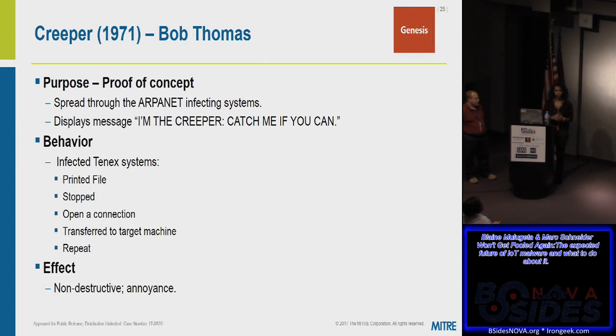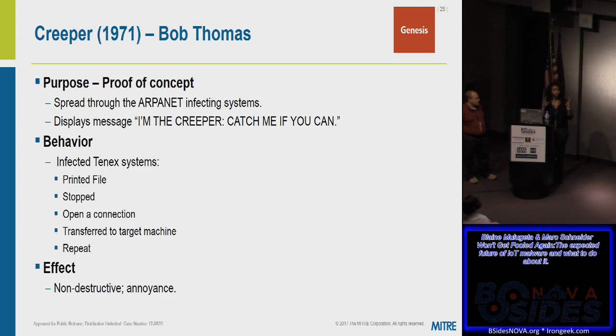So, as mentioned earlier, The Creeper was actually authored by Bob Thomas, and this was an experiment. It coincides with our understanding of how proofs of concept are designed. It displayed this message, I'm the creeper, catch me if you can, and if that appeared on your system, you were infected. Originally, Bob Thomas designed this to infect the machine, print this message, and then transfer itself over.